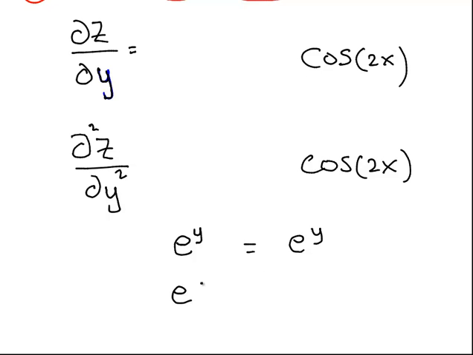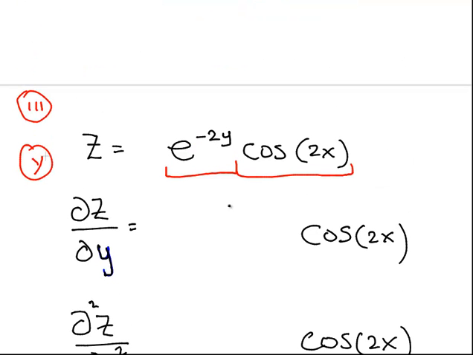But if we differentiate it with respect to y when it has a constant term in front of the y, then we get a times e to the ay. It's very similar to that constant term I mentioned on the last page. So what we have here is minus 2 times e to the minus 2y.